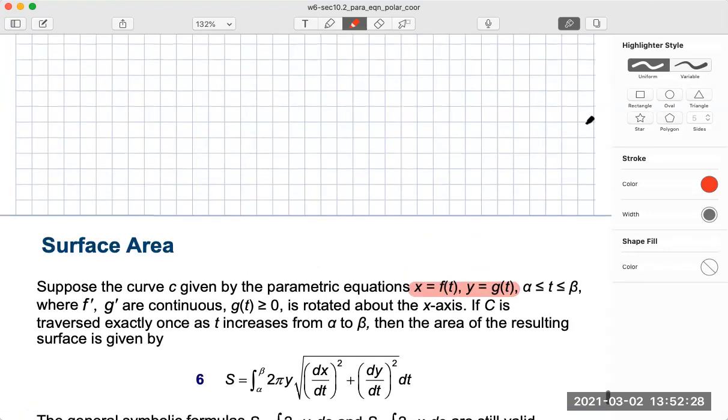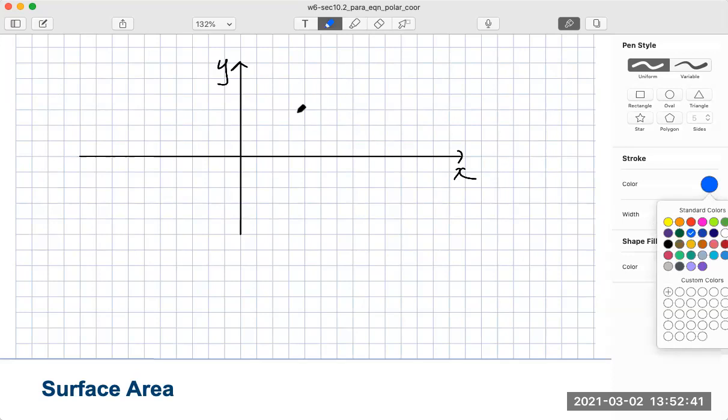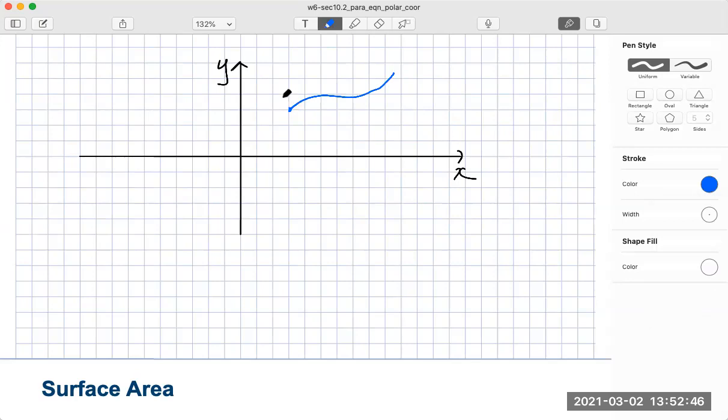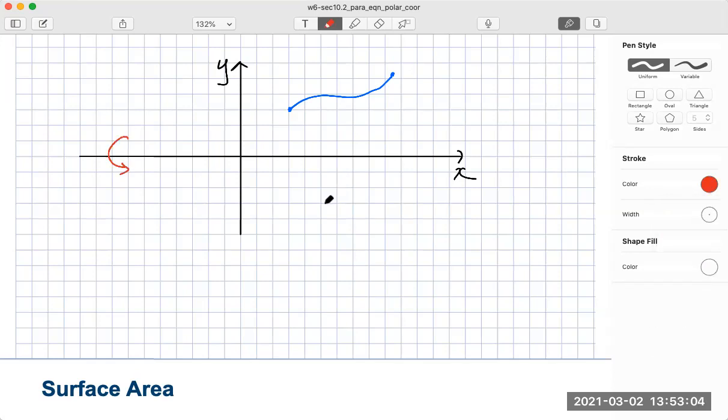If the curve of this parametric equation is like this one, when t is equal to alpha and t is equal to beta, from this to this, we want to compute the surface area of this curve, which is rotated about the x-axis like this, right?